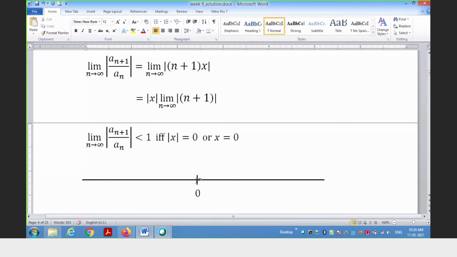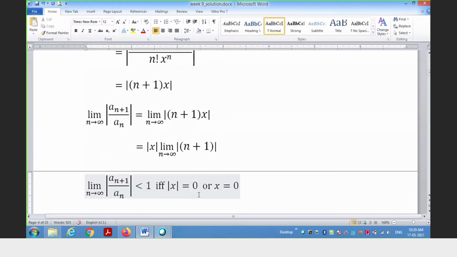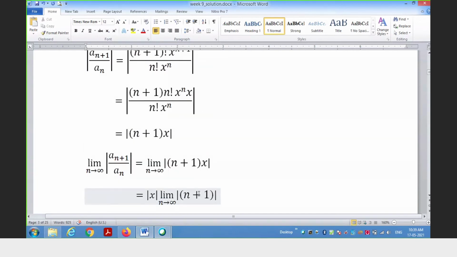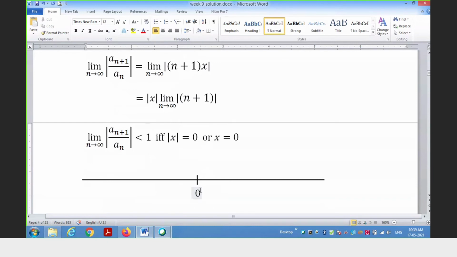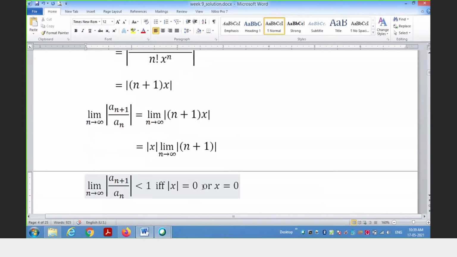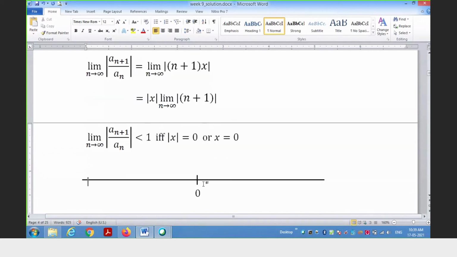We cannot move to the right, we cannot move to the left. That means now R equals 0. So what is the interval of convergence? x equal to 0. What is the radius of convergence? R equal to 0. Are there any questions?